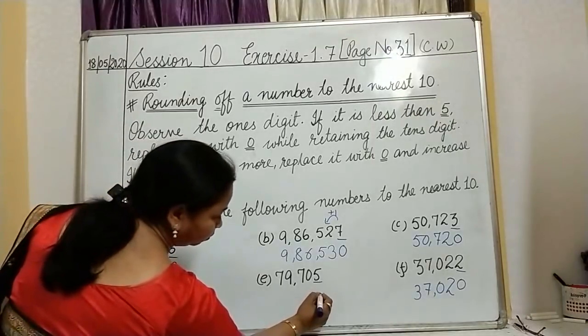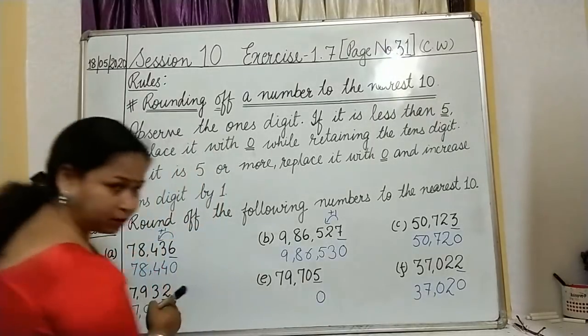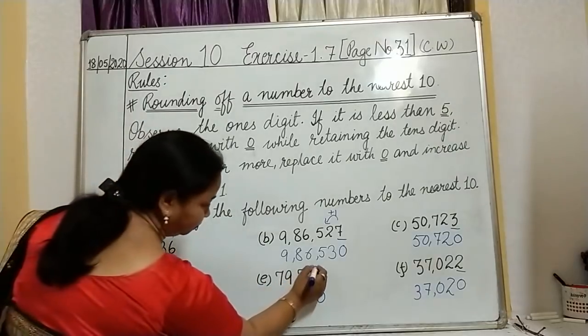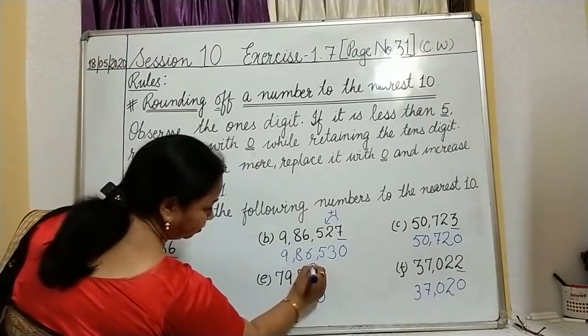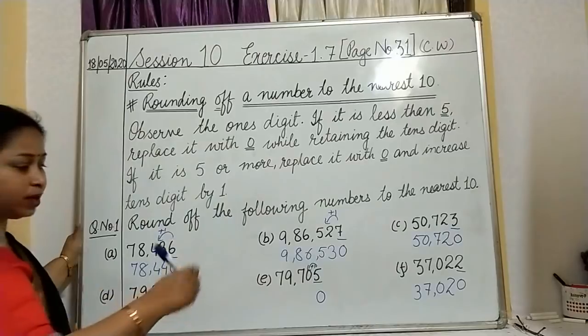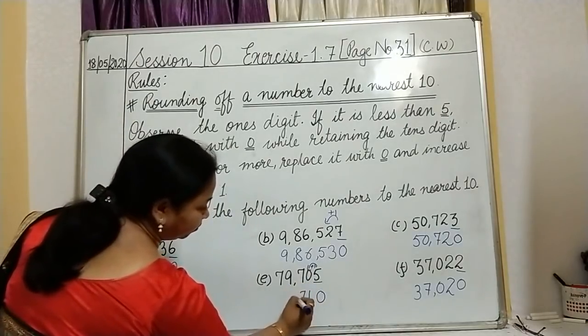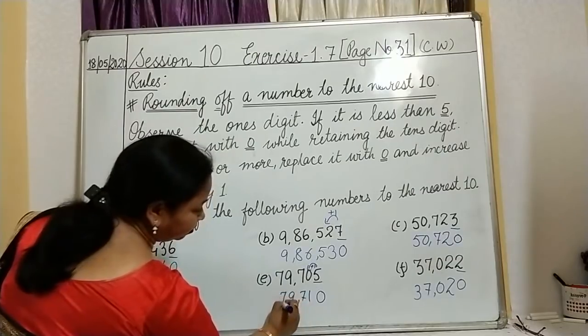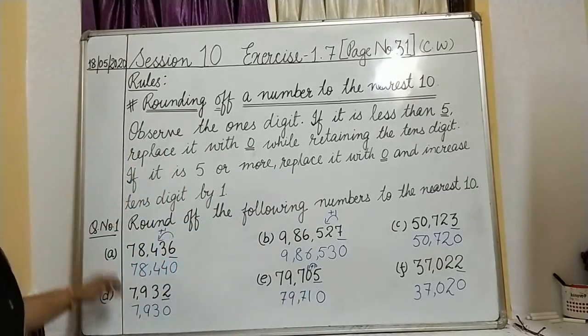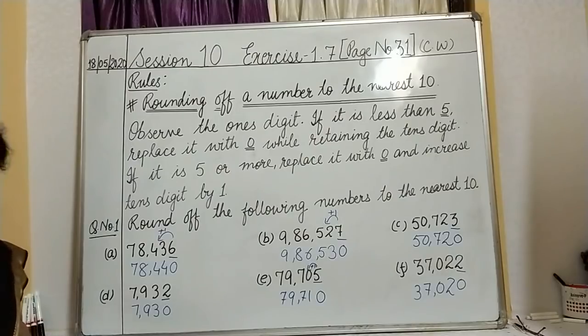What we will do here also, children, is write 0 and add 1 at which place? Tens place. So instead of 0, this will become 1, then 7, then 9, then 7.